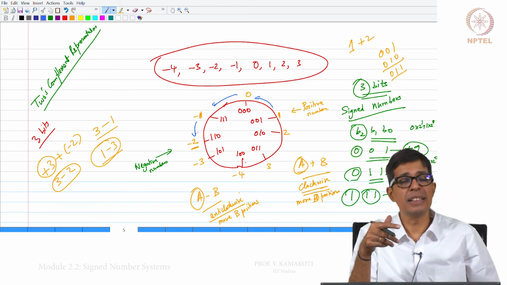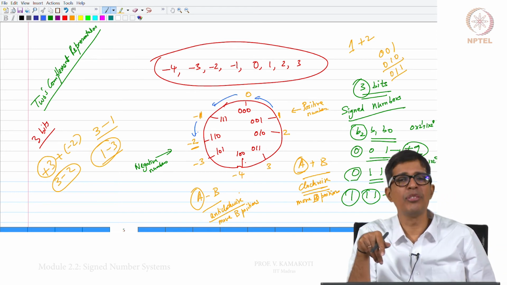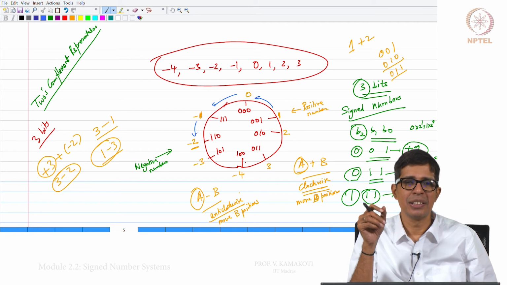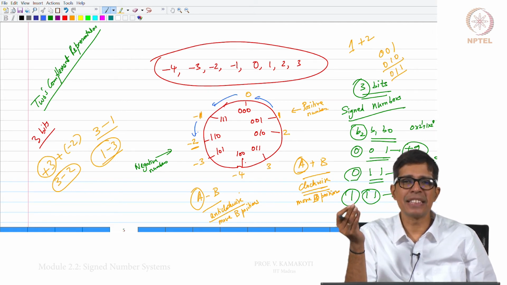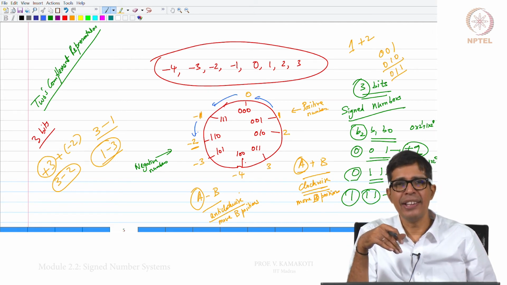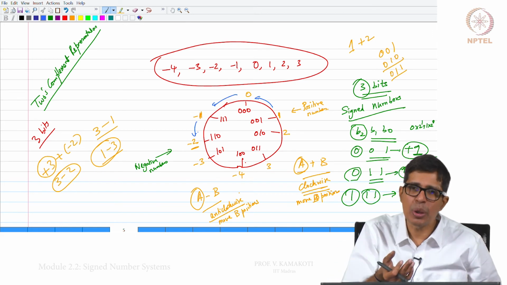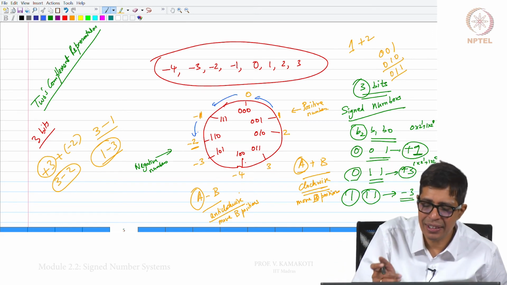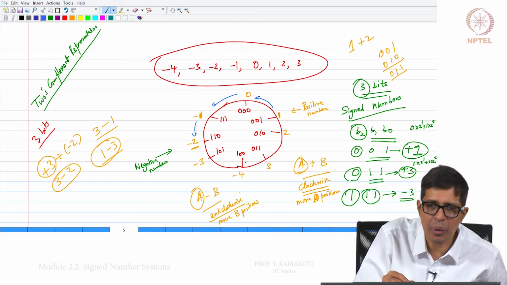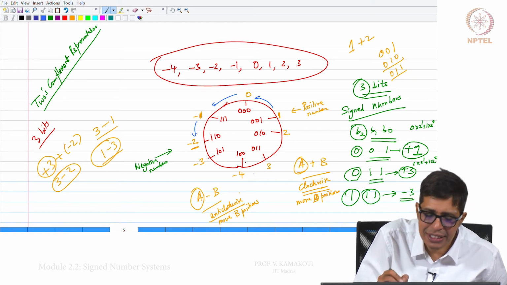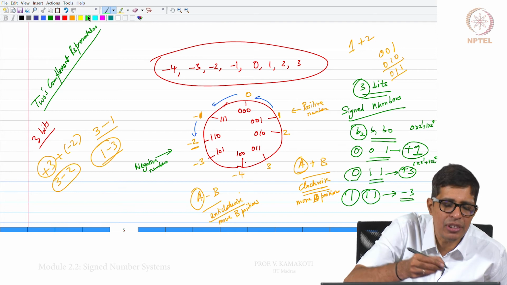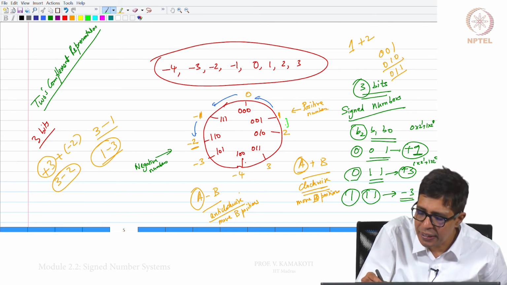So, on a circle of size 8, moving 3 steps anti-clockwise is equal to moving 5 steps clockwise, right. Let us see what happens if I move 5 steps clockwise, I get back to the same position.